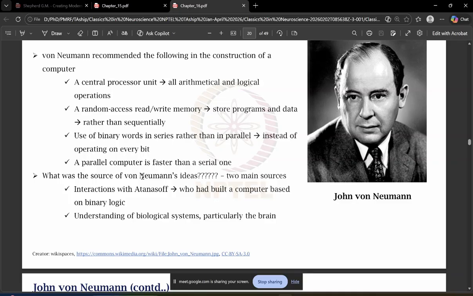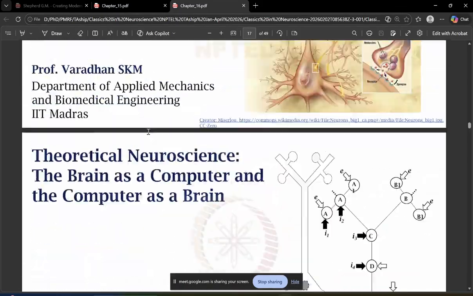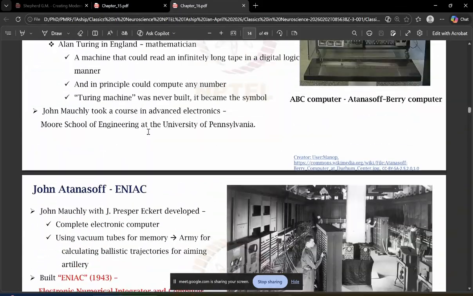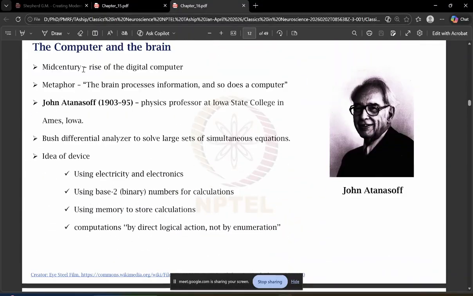So two sources are being contemplated or proposed. One is that it is possible that John von Neumann, because he had interacted with Atanasov, who was trying to build a computer based on binary language, was influenced.